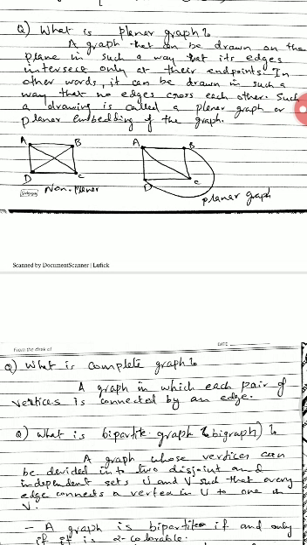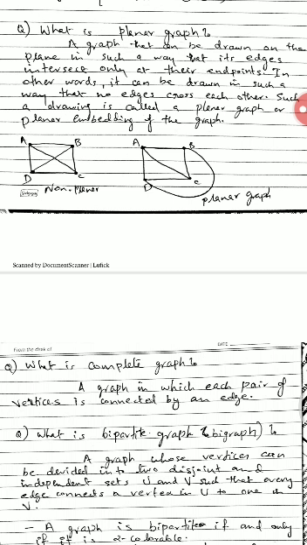A graph whose vertices can be divided into two disjoint and independent sets U and V such that every edge connects a vertex in U to one in set V. That means if u dash and u double dash are two vertices in the set U, there is no edge connecting u dash and u double dash.